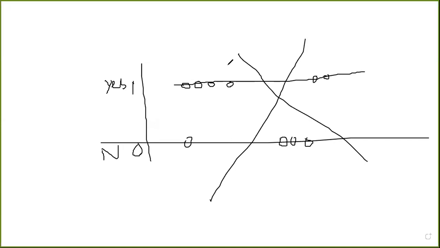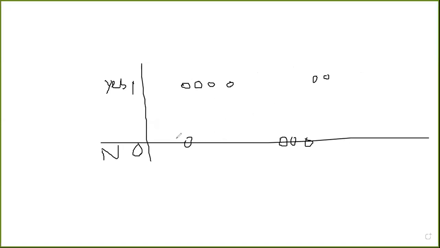If you draw like this, how could you draw? What is the best solution? If you try to draw something like this, then it will be meeting all the points. Meeting all the points means it will fit your data.